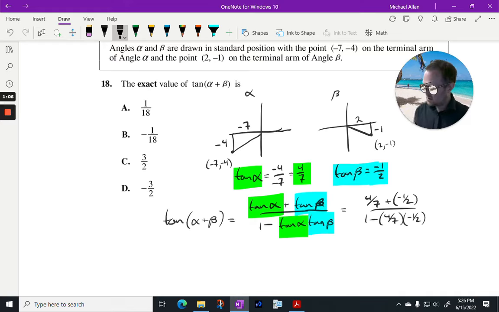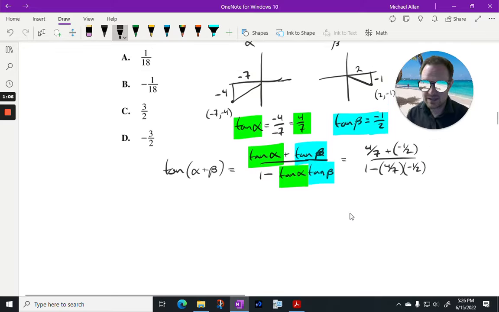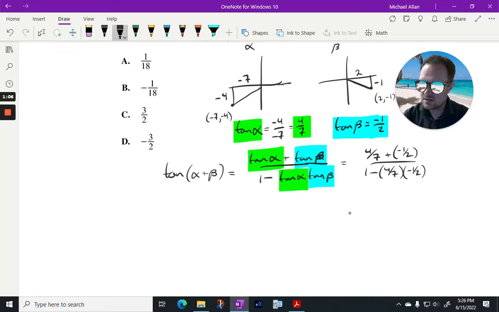In reality, you could just punch this in your calculator and see which one it matches at this point. But if you want to go through all the steps, like if this was a written response question, they might ask us to show more of your knowledge about this. So on the top here, I'm going to go 4 over 7 minus a half, and just go math enter.